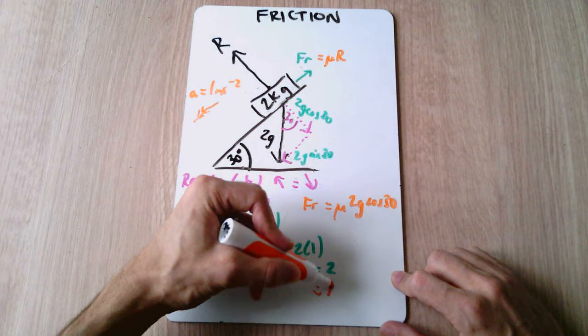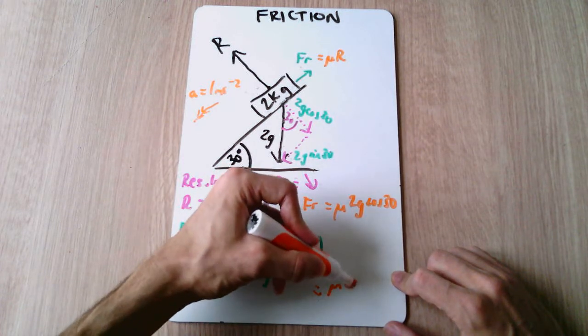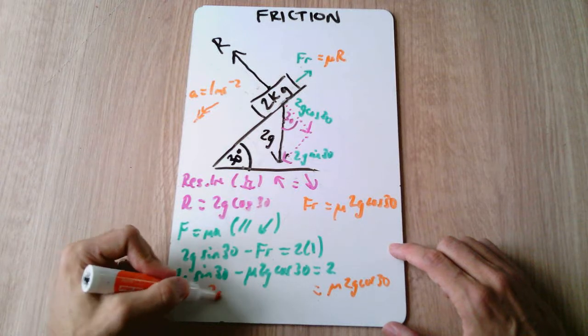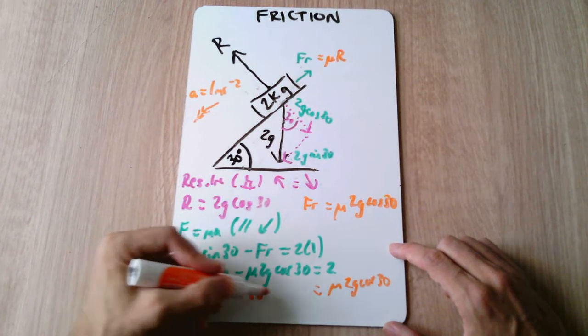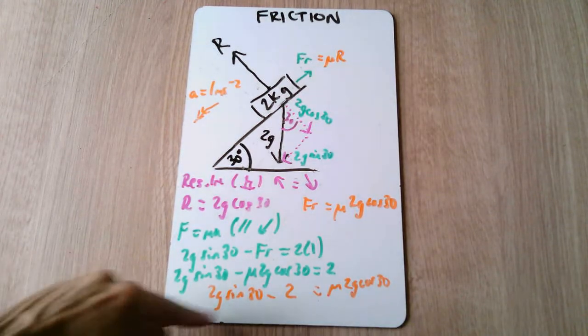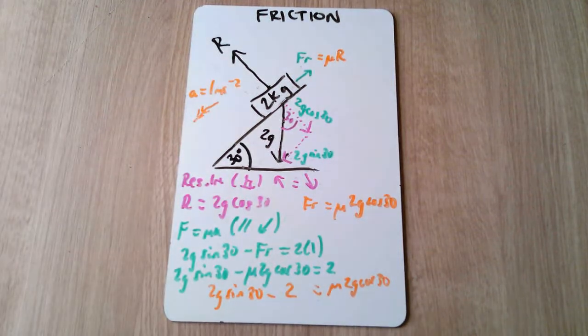So this is equal to mu 2g cos 30, and on the left hand side we get 2g sine 30 minus 2. And our last step here is simply to calculate what this is and then divide by 2g cos 30.